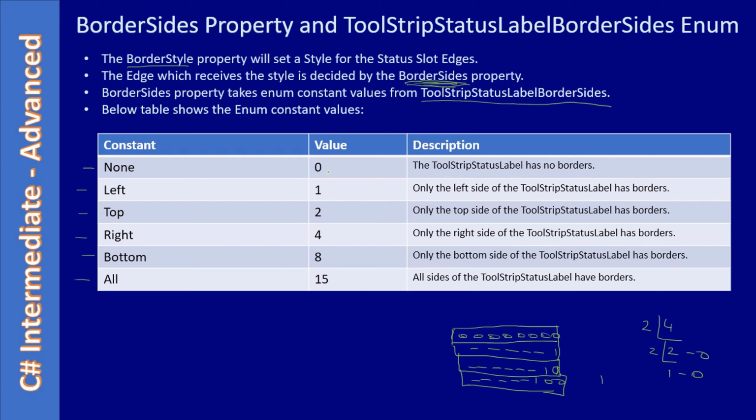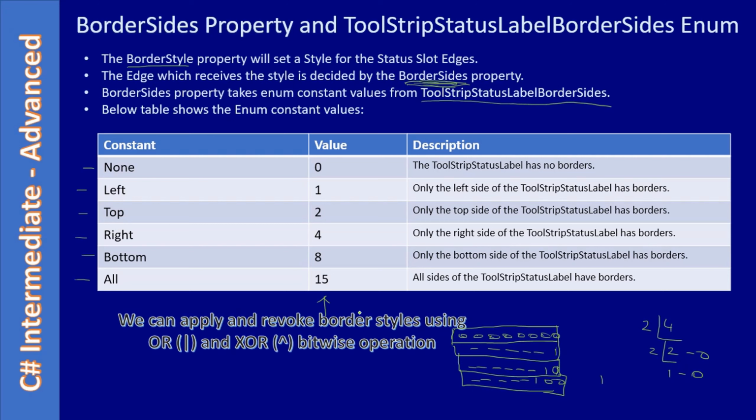So these constants follow the bit pattern. None means all bits are 0; 1, the first bit is set; 2, the second bit is set; 4, the third bit is set; the fourth bit is set and it will give you a value of 8. Likewise, these constants are arranged.